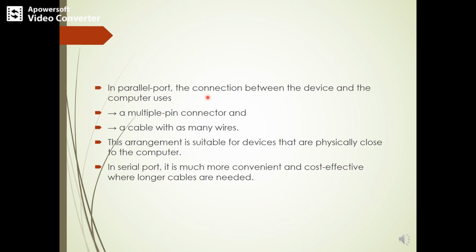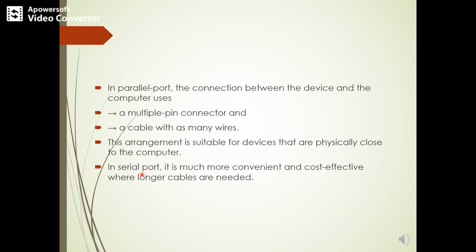In a parallel port, the connection between the device and the computer uses a multiple pin connector and a cable with many wires. This arrangement is suitable for devices that are physically close to the computer system.